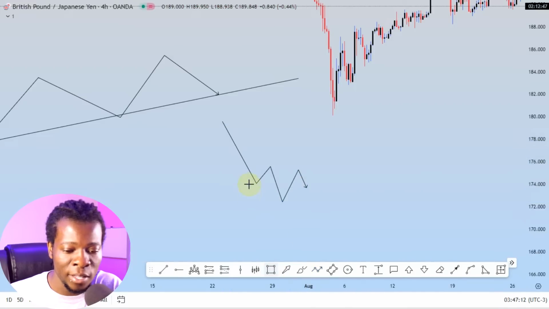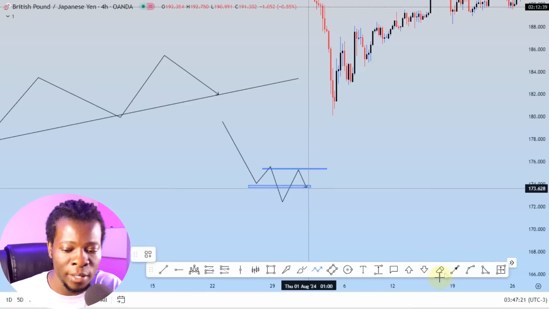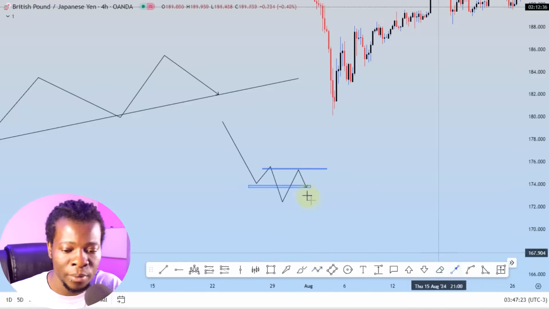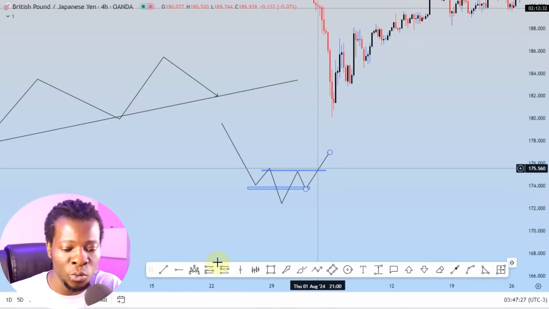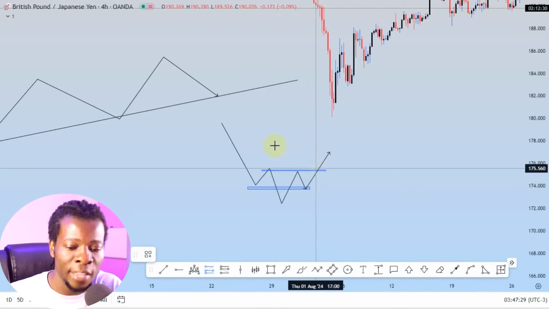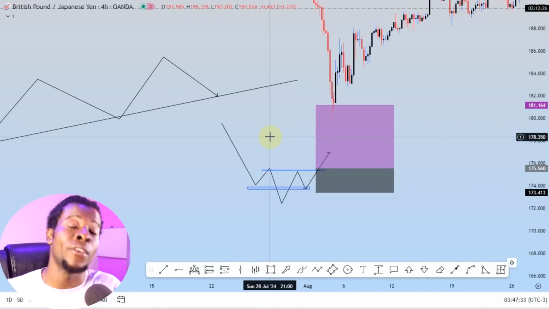Now you see, this is our head and shoulders. Most articles say wait for price to take out a neckline, something like this. That's when you go in for your buy position, and then they say put your stop loss below the right shoulder.